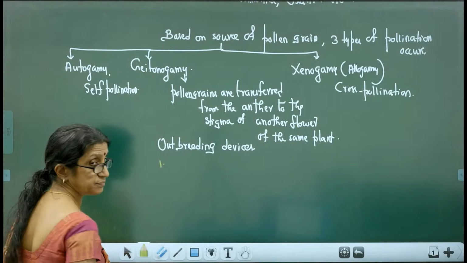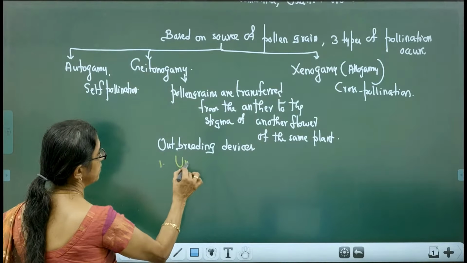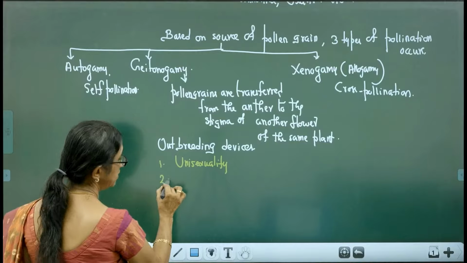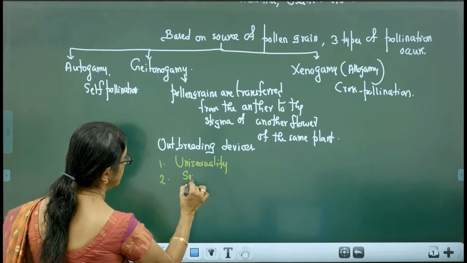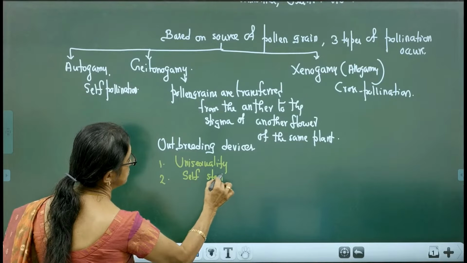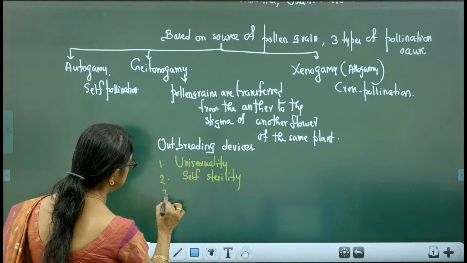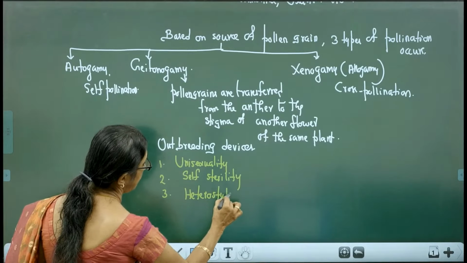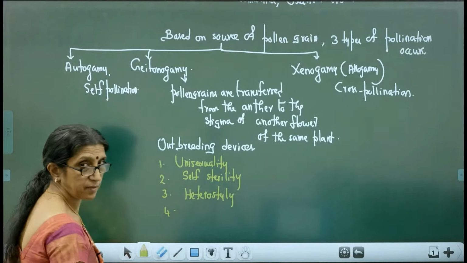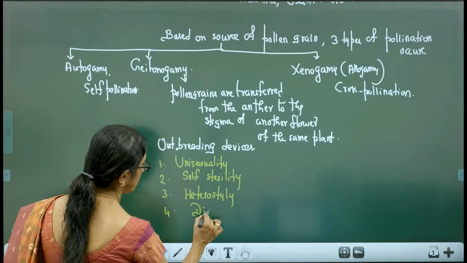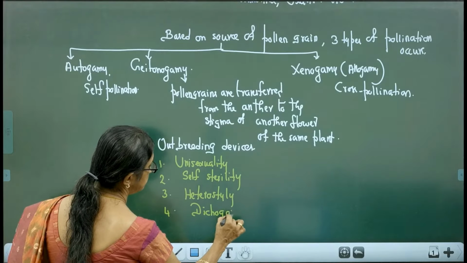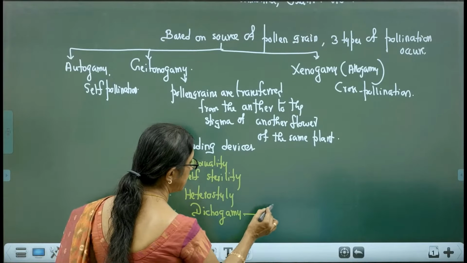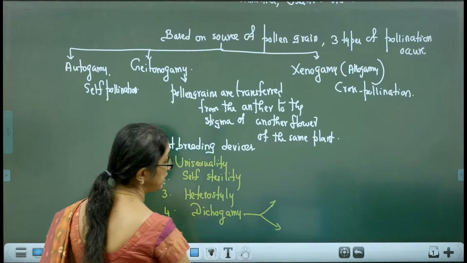The first one, unisexuality. The second one, self-sterility. And the third is heterostyly. The fourth one, dichogamy, means maturation of male and female reproductive structures at different times.